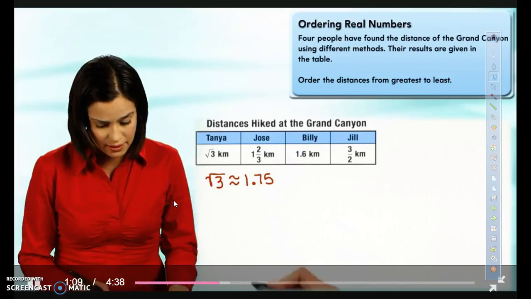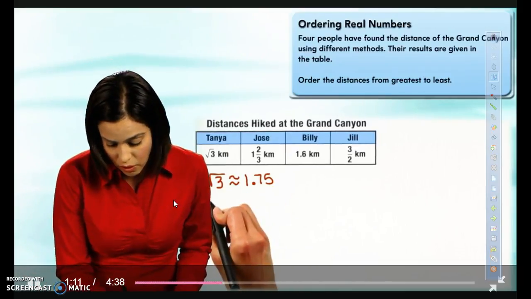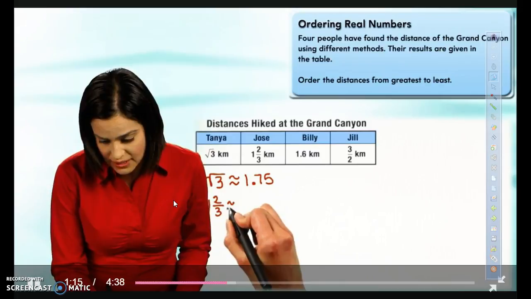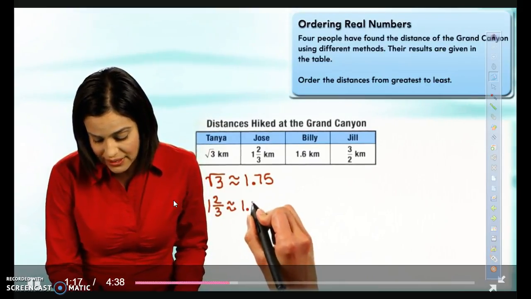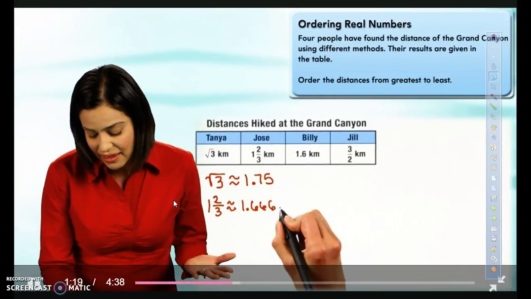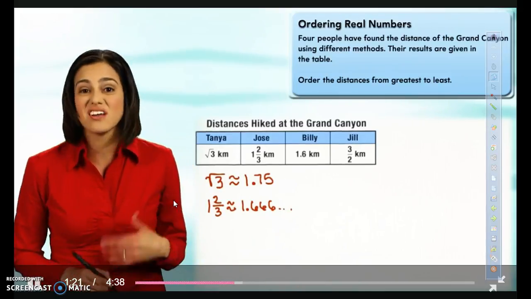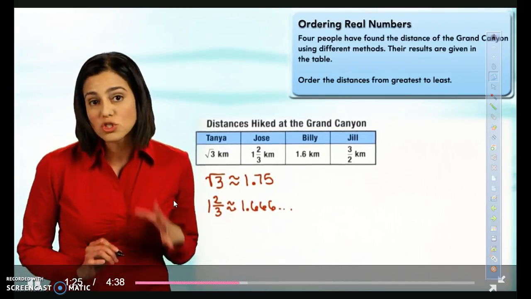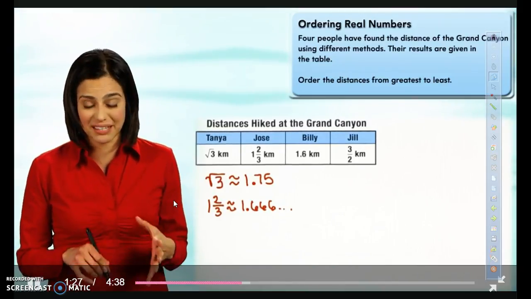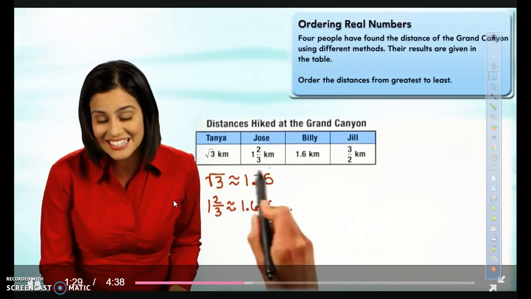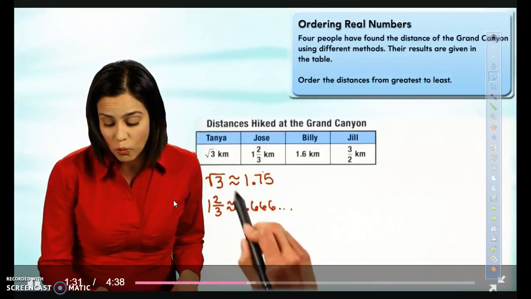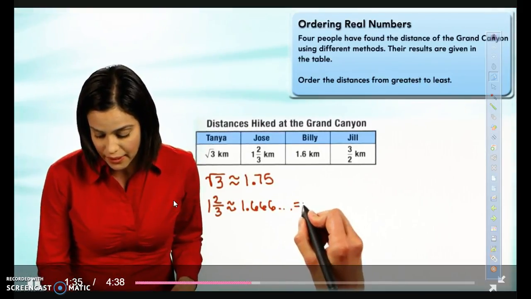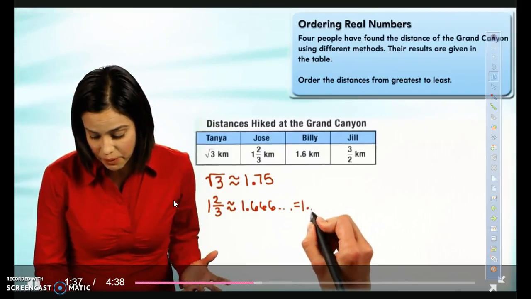Next, we have Jose. 1 2/3 is approximately 1.666, and this decimal keeps going. It's a non-terminating decimal, so we need to round. Now, I'm going to round to the nearest hundredths place just to be consistent with the 1.75 for comparison purposes.